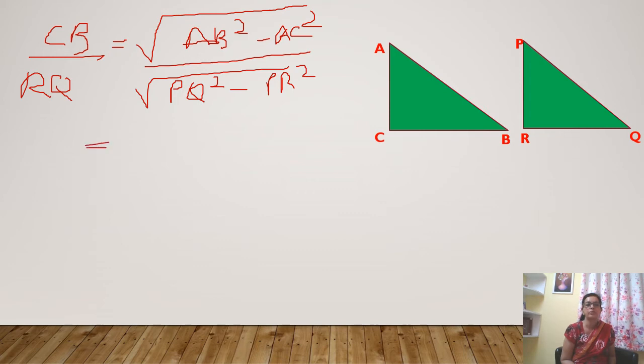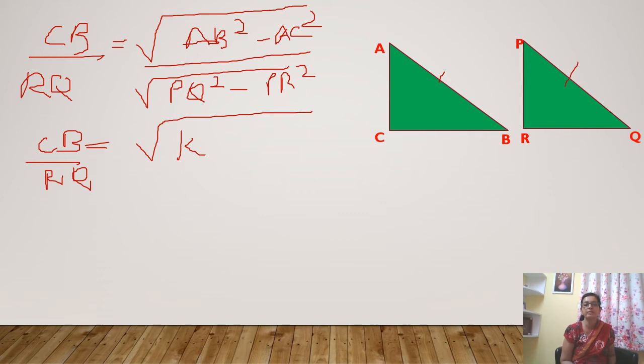As I told you, write down this ratio. And as I told you previously, we are going to replace AB squared with K squared, because as you can see, AB is proportionate to PQ.